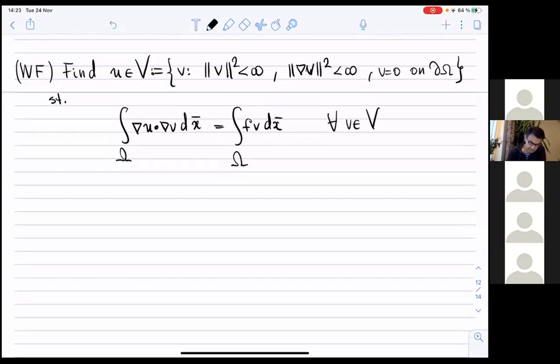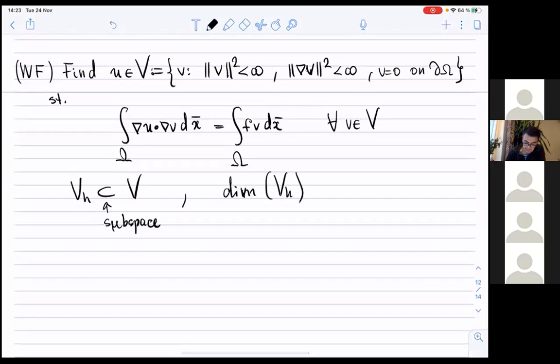So the next step is we have to construct a finite dimensional subspace of capital V. Of course, this notation is subspace, so that the dimension of this V_h is finite.